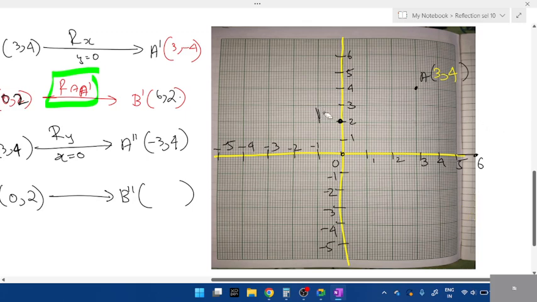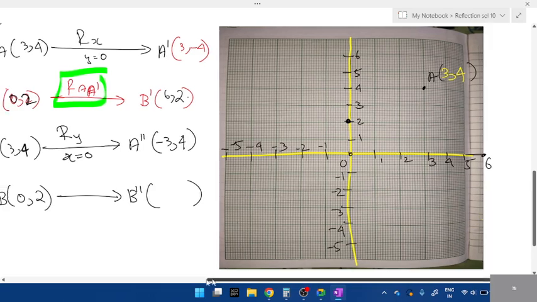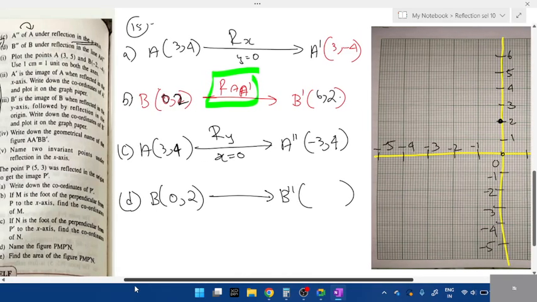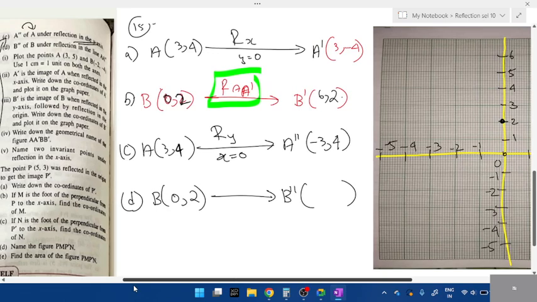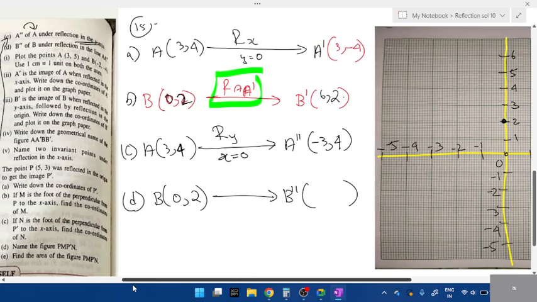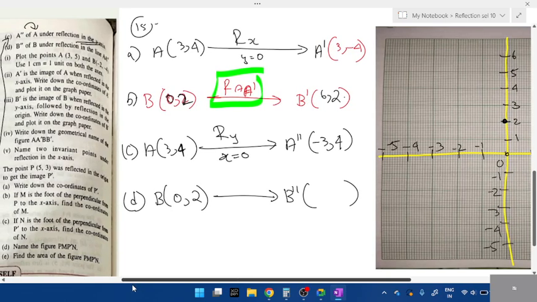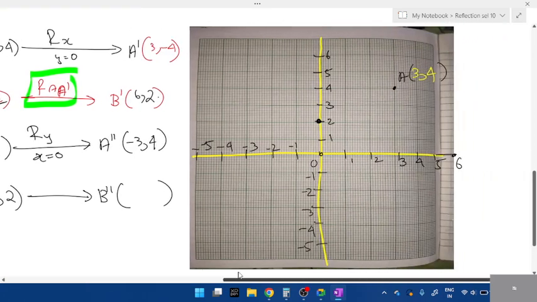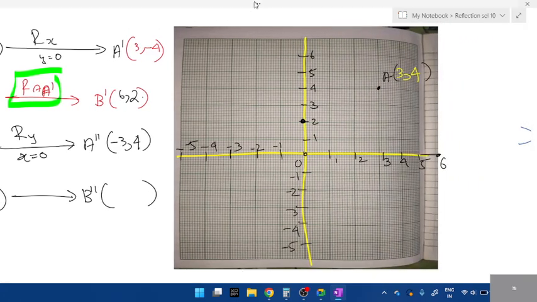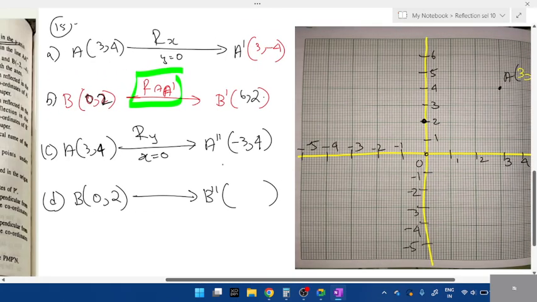So I'll erase all this, students. Can you check your textbook? Is it A dash or A double dash? A double dash. So A I have plotted. Let me plot A double dash. What is the A double dash answer given? Okay.